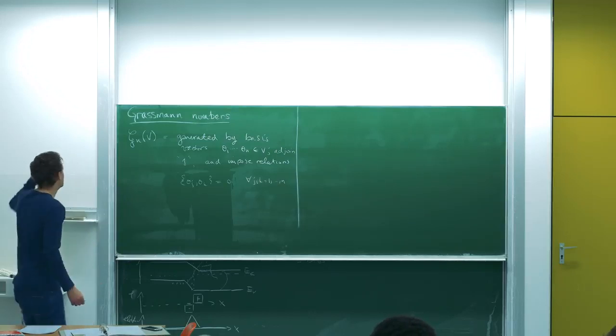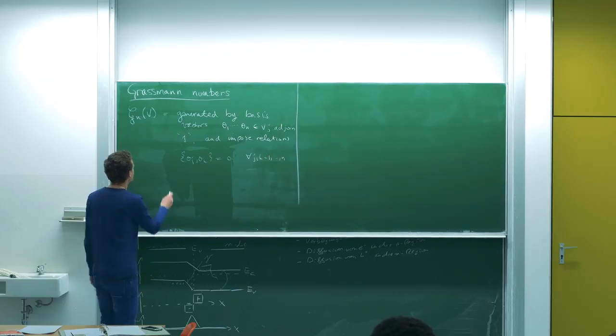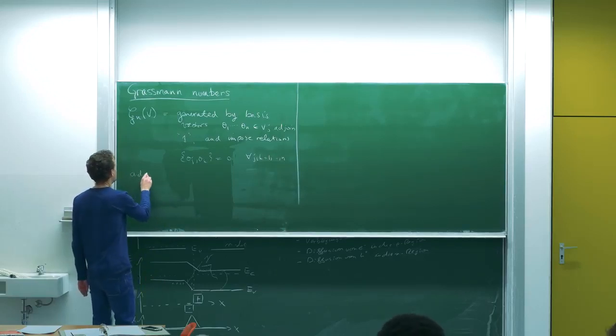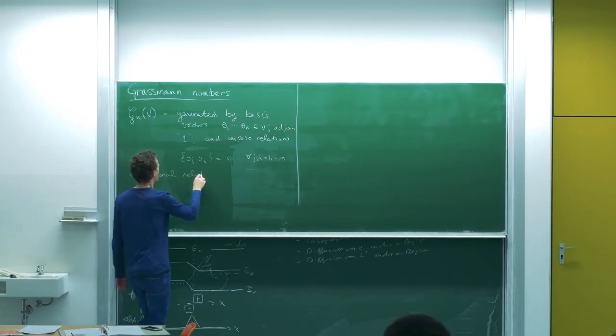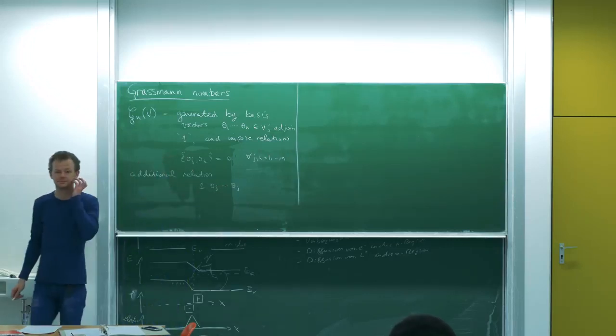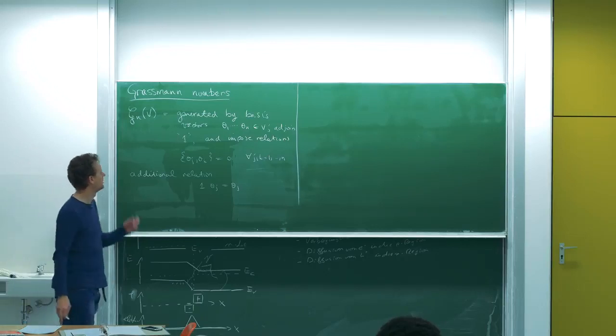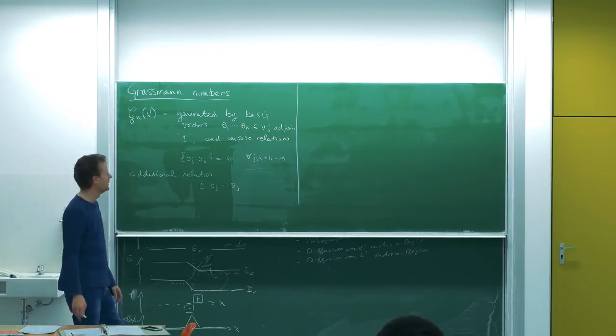So this is the Grassmann numbers. There's the additional relation that 1 times theta is theta. So 1 doesn't anti-commute with everything else.